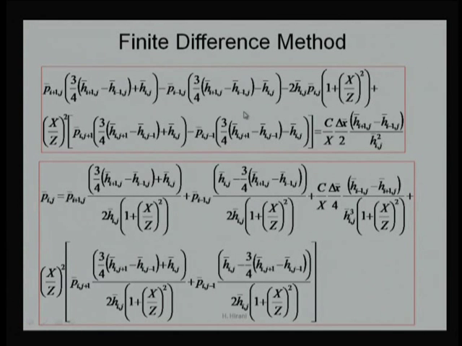Now we had a smaller equation, and it is turning out to be a much bigger equation, right. Because we have divided everywhere by 2 h I j and 1 plus x square by z square, the number of terms is increasing, and this expression is turning out to be slightly lengthy, but when we do computer programming it is not going to be much lengthier compared to the earlier expression we have done.